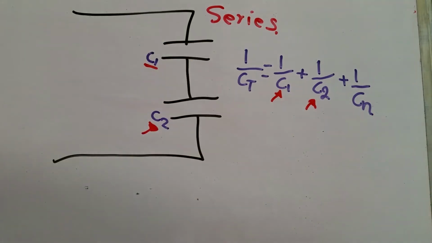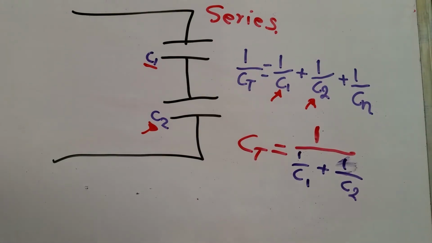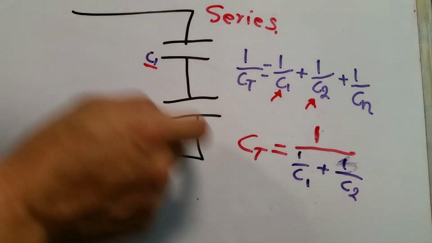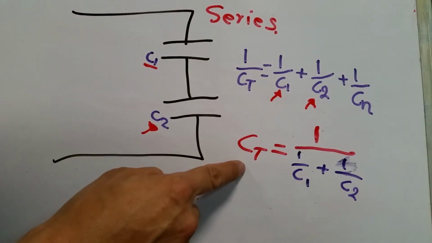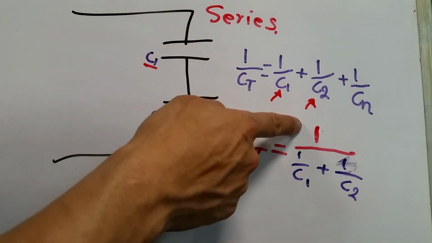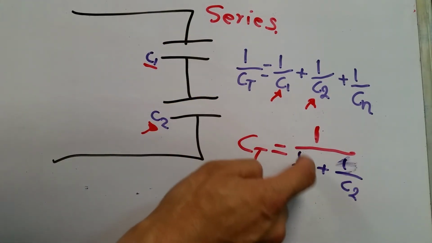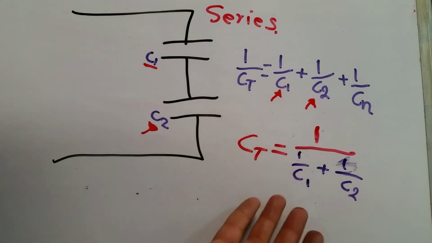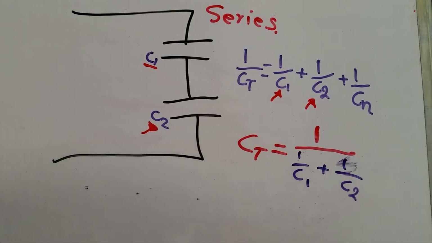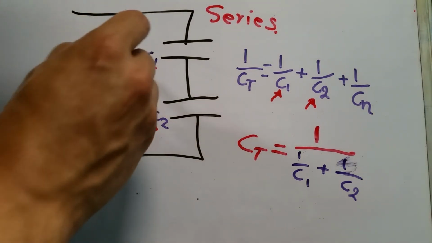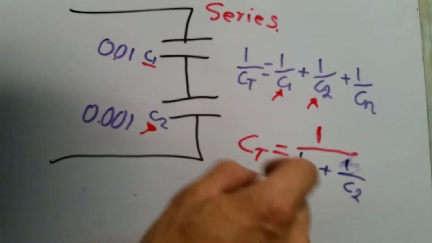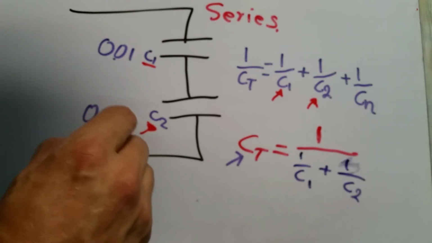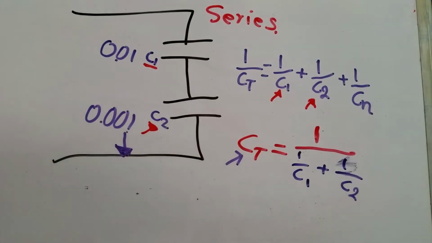At the end, to properly solve this formula, the total capacitance is going to be 1 divided by whatever value we get from this addition. So it's going to be a very small number, even smaller than the smallest number. If this capacitor was 0.1, and the other one was even smaller, the final capacitance is going to be a value even lower than the lowest we have.